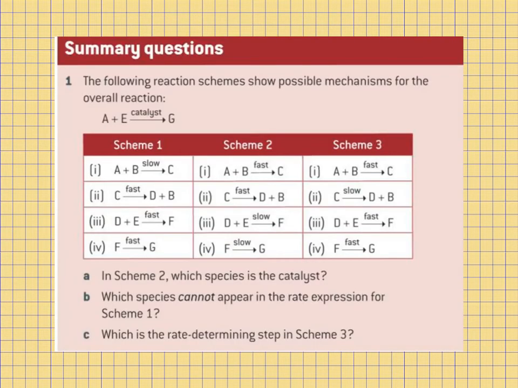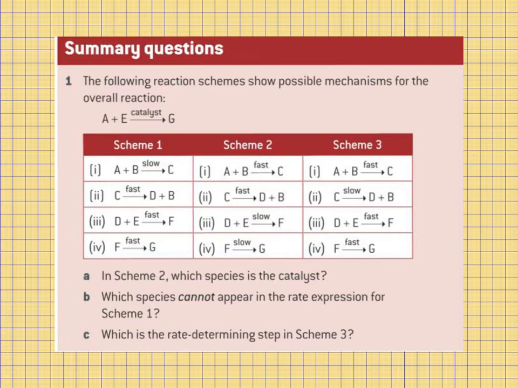So it's really important to note that the species in the rate equation are not just the reactants in the rate determining step, but they're the reactants involved in the reactions occurring before and in the rate determining step. So let's look at these scenarios for this chemical reaction here, where 2 reactants, A and E, following using a catalyst, produce product G. You can see that in scheme 1, first of all, A collides with B, which you can see doesn't appear in the reactants, to produce this intermediate C, and that is the slow step.